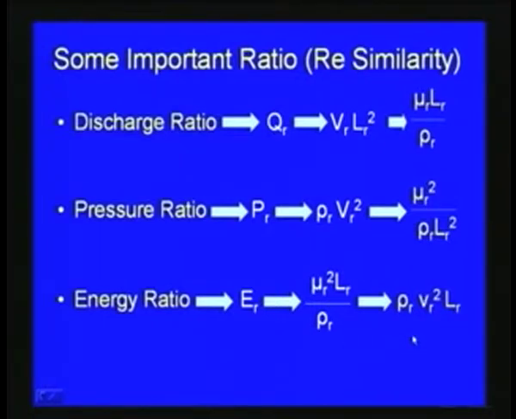These are the different parameters which we consider while doing the physical modeling with respect to the prototype. The various scale ratios for parameters like velocity, discharge, or pressure, we can derive using these equations, and then correspondingly we can develop the model and run the experiments, so the Reynolds similarity will be met.